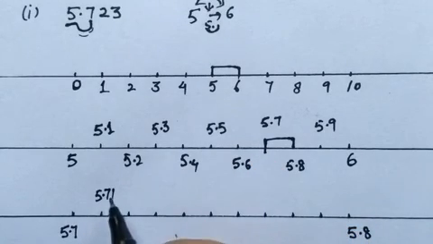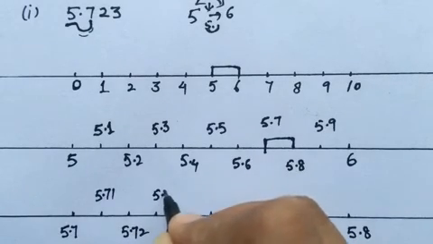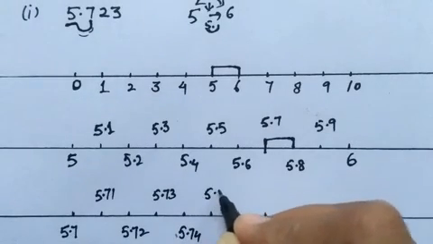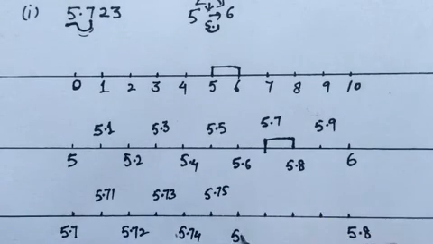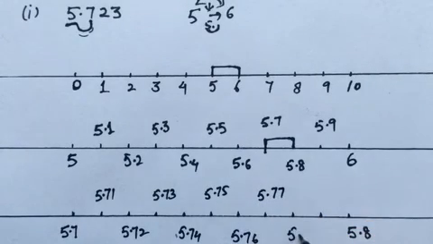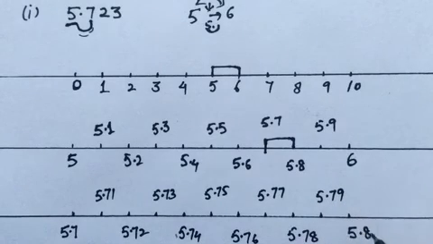So we are writing 5.71, 5.72, 5.73, 5.74, 5.75, 5.76, 5.77, 5.78, 5.79 and then 5.8.